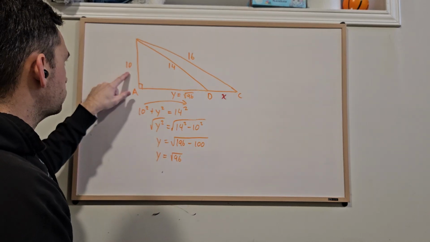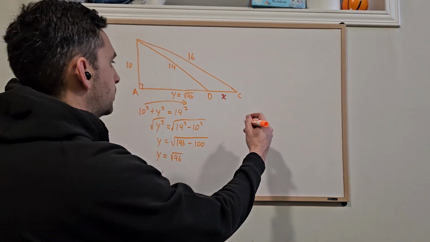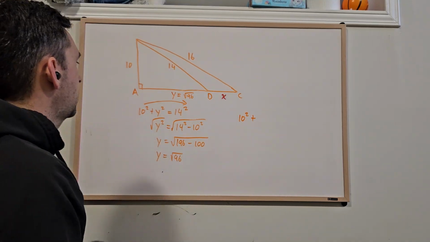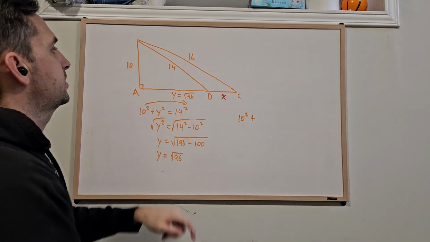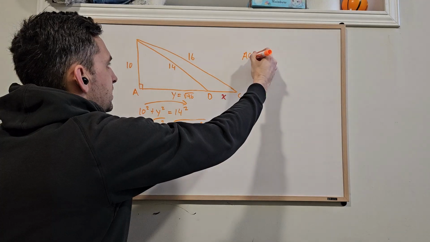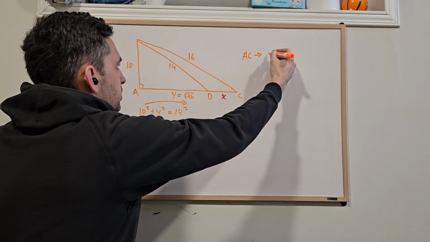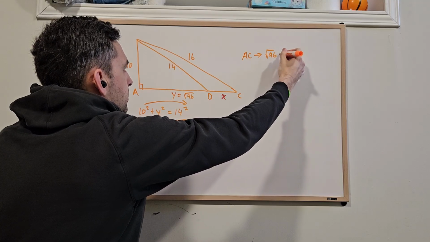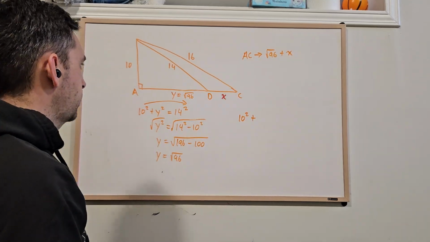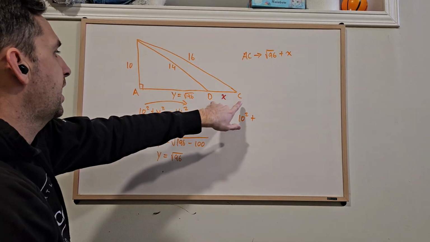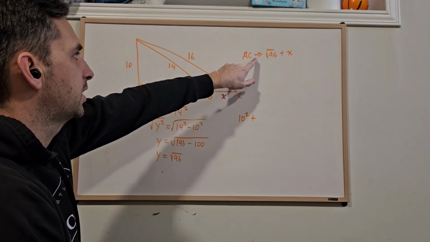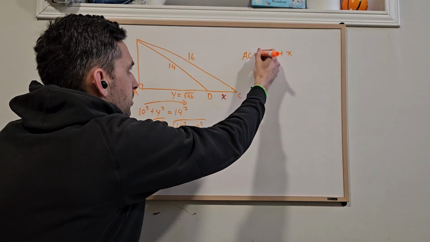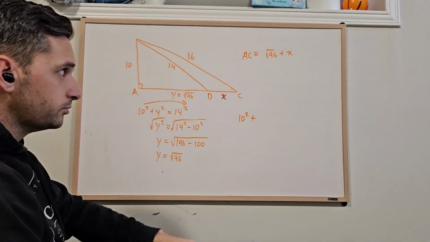So we're going to have 10 squared plus, now we need to figure out the length from A to C. The length from A to C is actually going to be root 96 plus x, because if I take this length AD and add it to length DC, I will get the length of AC. Let's make this an equal sign here.